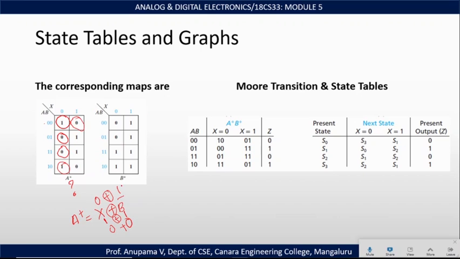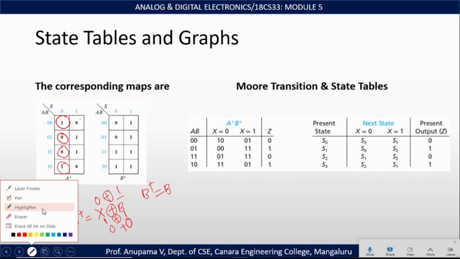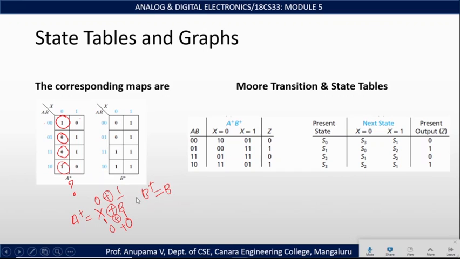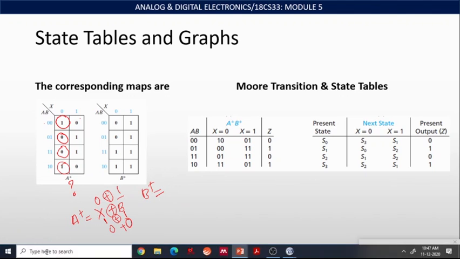Similarly, how can you fill B plus? What is the equation for B plus? The equation for B plus is nothing but a plus x, where plus means OR.